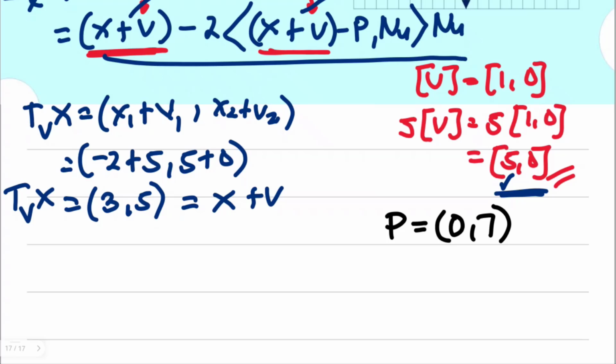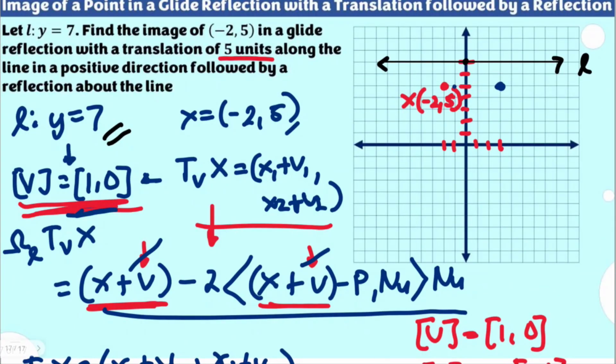Now for our unit normal vector, take note, it follows the idea of a normal vector over the length of the normal vector. When can we get the normal vector? That is actually identified as our direction vector of the line.